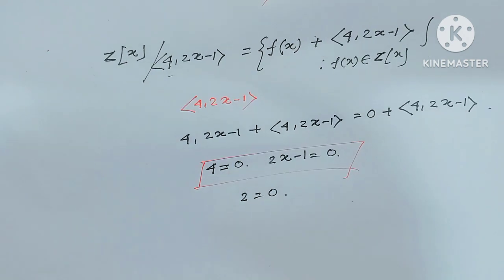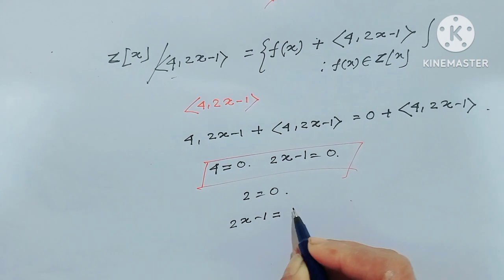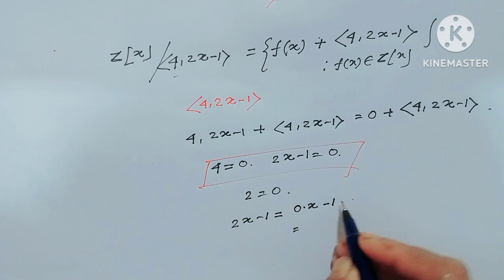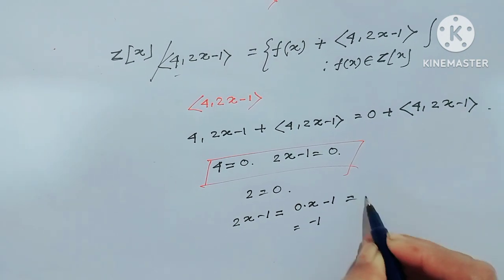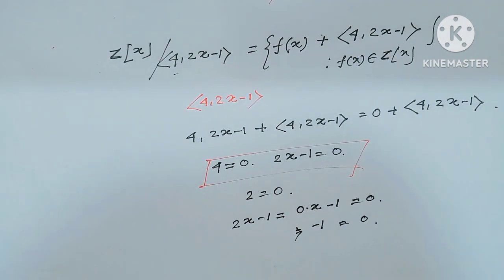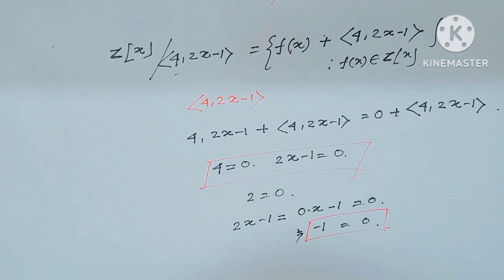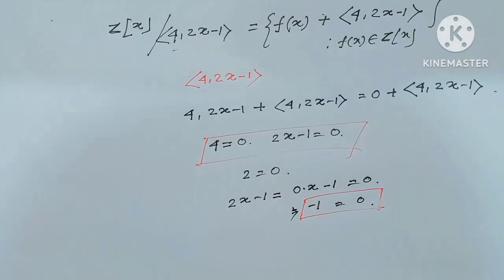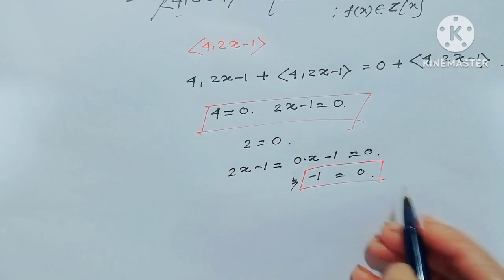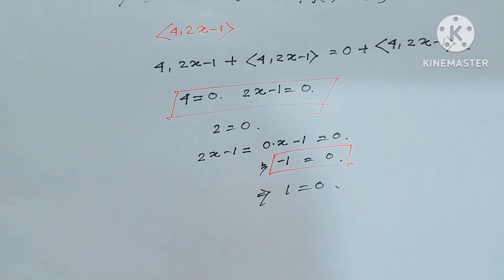By this together we can tell obviously 2 equal to 0. And since 2 equal to 0, 2x minus 1 equals 0 times x minus 1, and this implies minus 1 equal to 0. Since minus 1 equals 0, that implies 1 also equals 0.